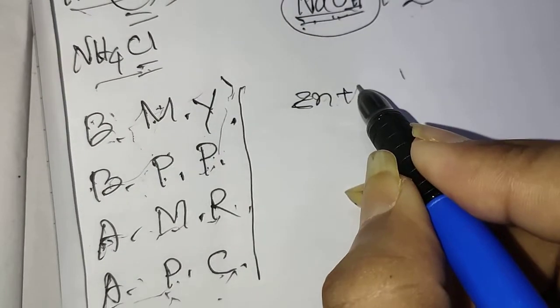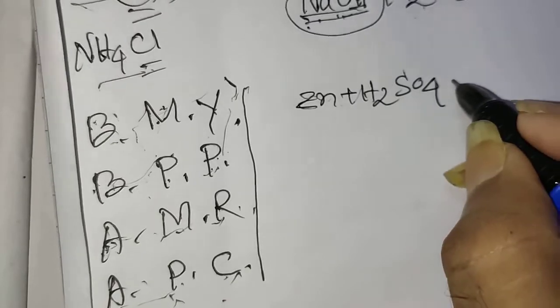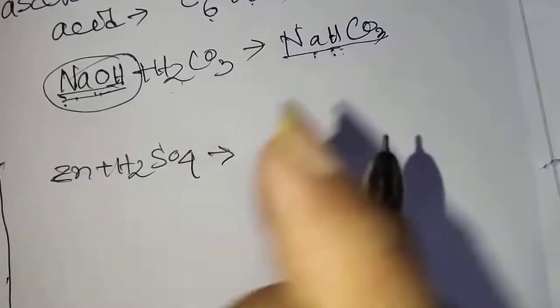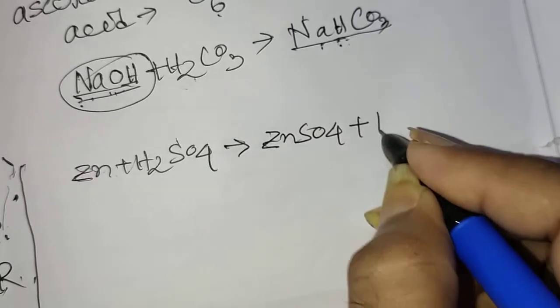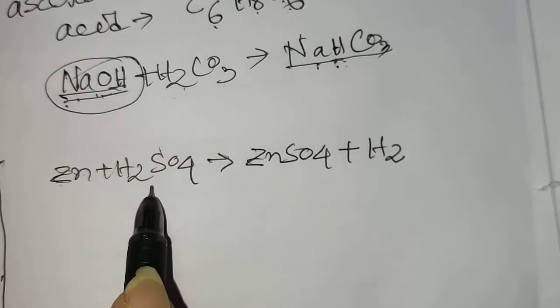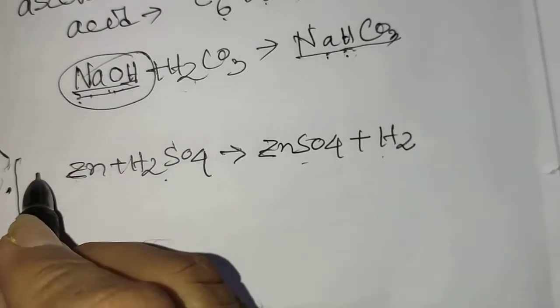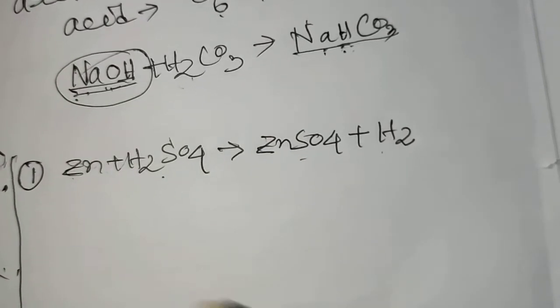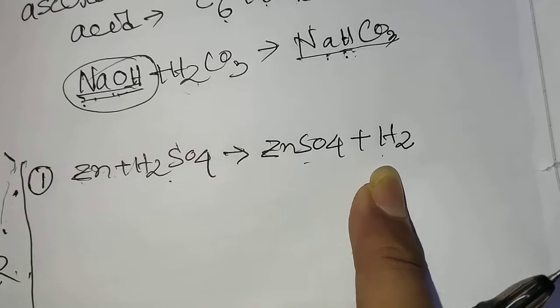Zn plus H2SO4 will form zinc sulfate plus H2. So thus we can conclude that whenever metal reacts with acid it will form salt and hydrogen. So this is one property: whenever metal reacts with acid then it will form salt and evolve hydrogen.